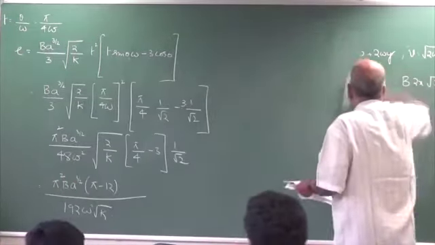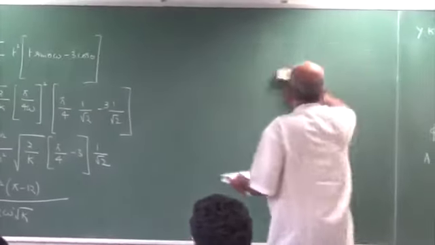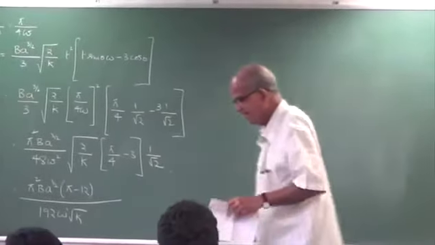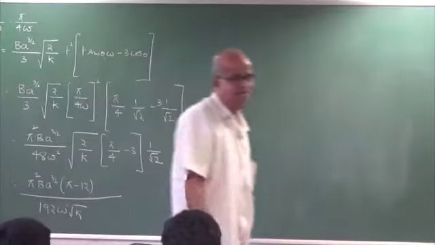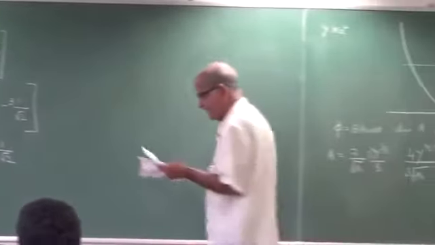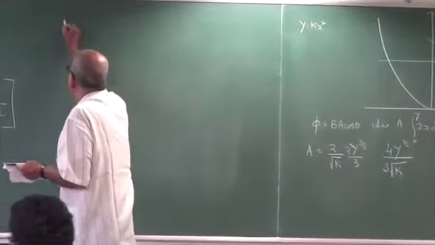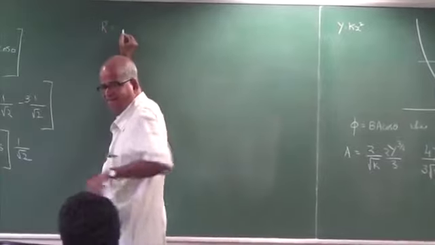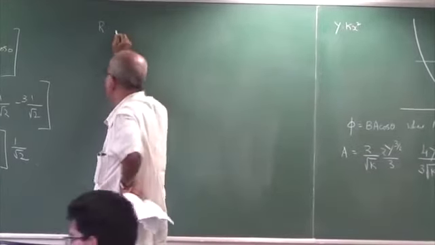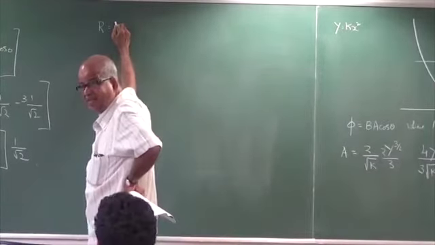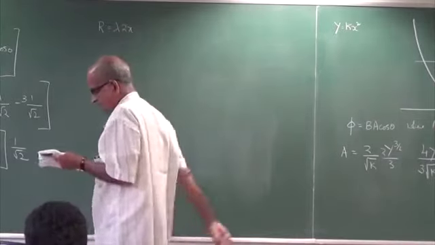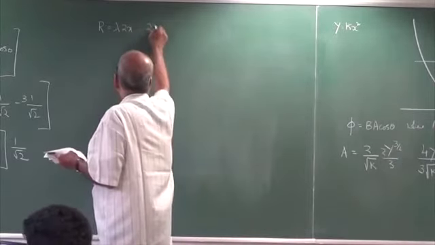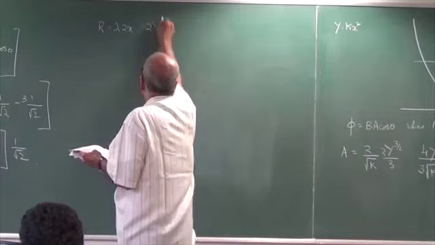Now he is asking us to find the induced current. To get the induced current, you have to divide that EMF by resistance. Now tell me, what is resistance? Lambda is resistance per unit length into the length. This is 2 lambda. What is x there?